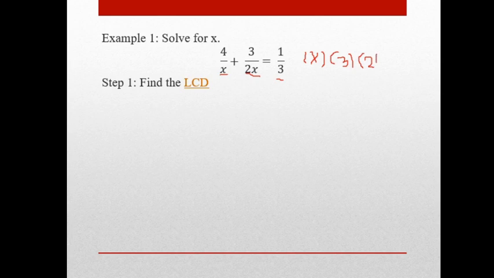So, pwede natin i-simplify yung 3 times 2 magiging 6. So, magiging dalawa yung ating LCD. We have X and 6. Yun ang ating mga tawag dito, LCD. So, para mas maunawa natin to, magbibigay pa ako ng ibang example ng pagkuha ng LCD.